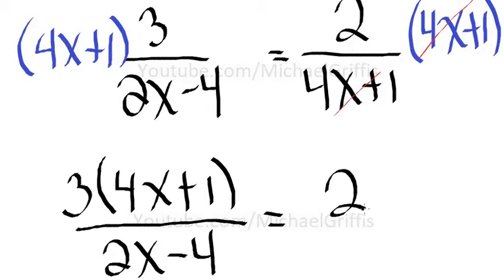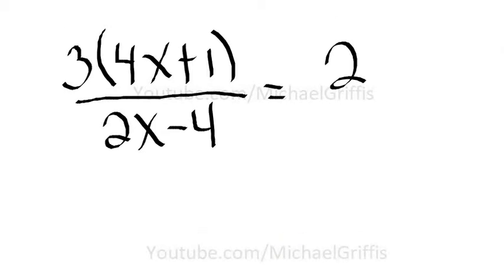It's equal to 2. So now the next order of business, we can't shift it over anymore, is to multiply both sides by 2x minus 4, which I've run out of room here.